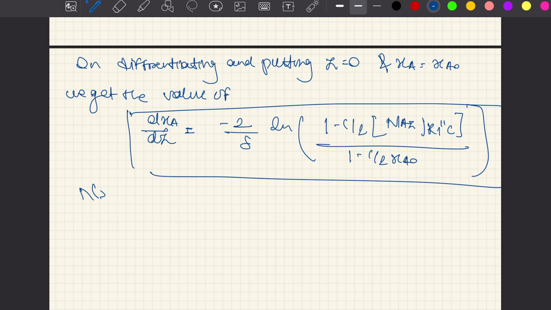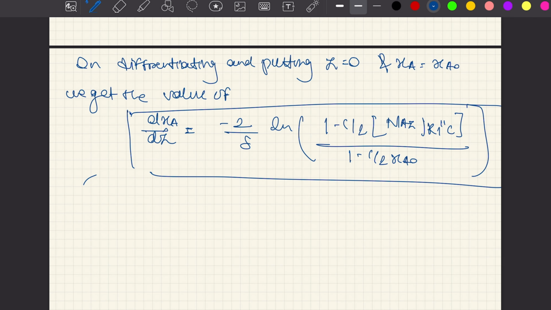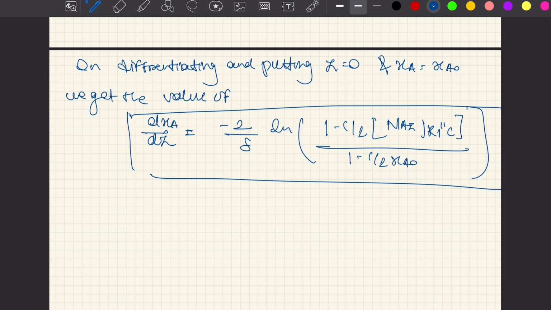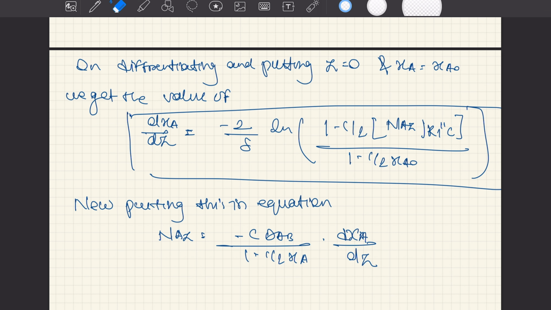Now putting this in the equation N_Z equals to minus C D_AB upon 1 minus half of x_A, the value of dx_A by dz would be this only.